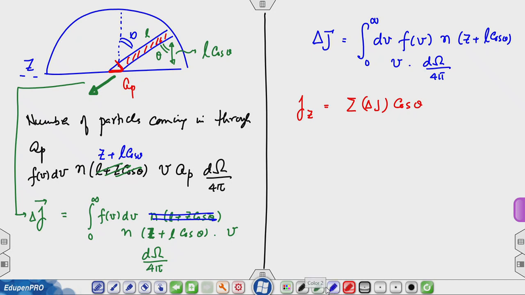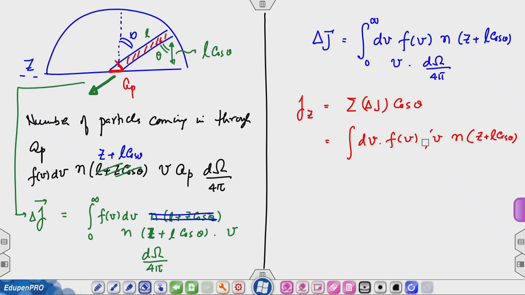And this is going to be equal to integral dv f(v) n at z plus L cos theta times v times d omega over 4 pi cosine of theta.